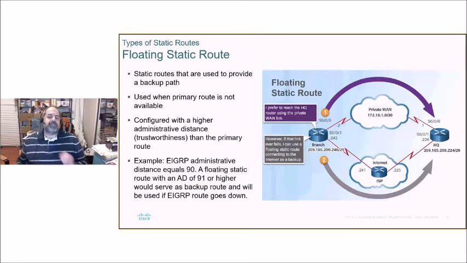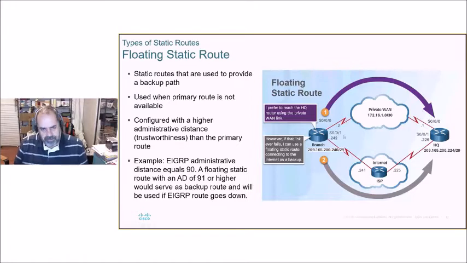Now, floating static routes. Basically, here we've got a private WAN, and that is our preferred route. Over that private WAN, you may well be running a dynamic routing protocol, and that's all great. They'll exchange routes, they'll talk to one another, no problems at all.